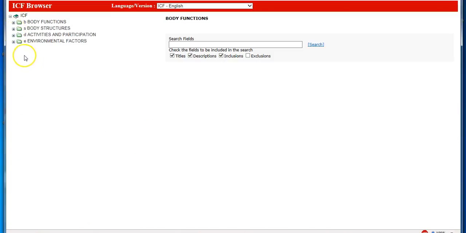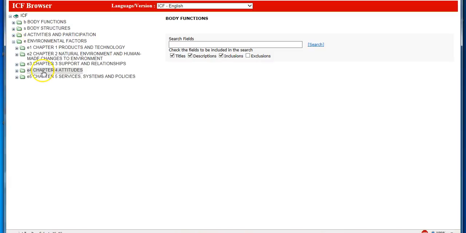Let's do one more just for good measure. So let's go ahead and open up environmental factors, because that can be a tricky one. And you can see here that all of these elements fit in as environmental factors. So let's take a look at attitudes.